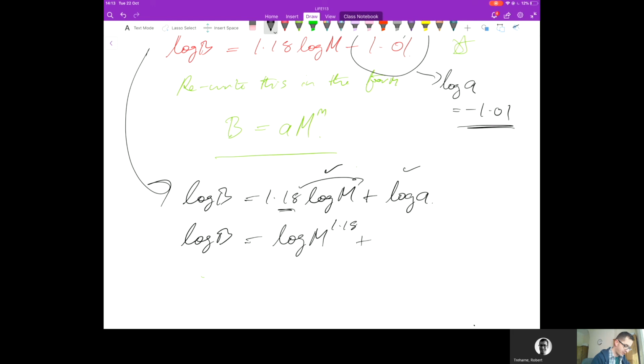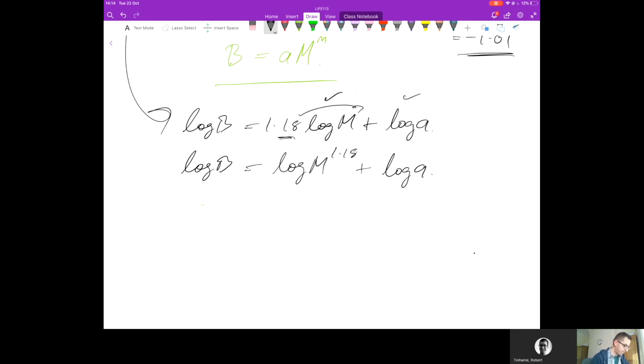Totally fine. Still got this log A term. Now it's totally legit if I want to combine these using my summation rule, my additive rule. Because that's just log B is equal to the log of M to the 1.18 times A.